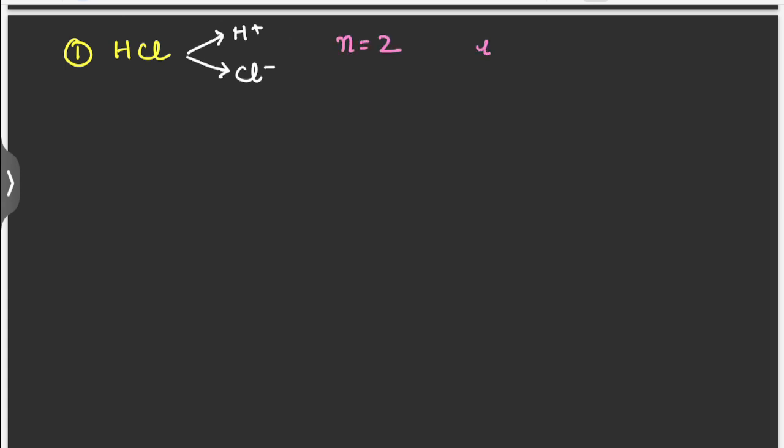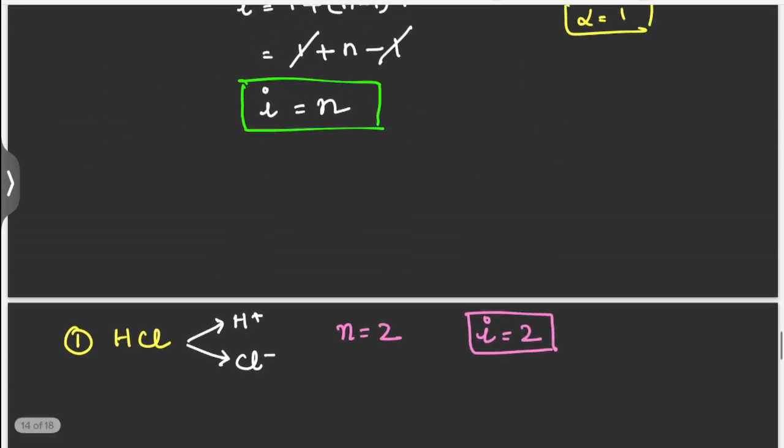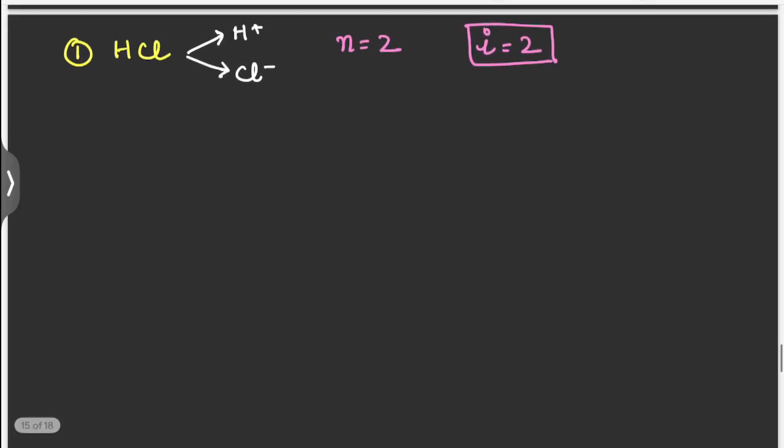Then what is the i value? The i value also will be equal to 2. Correct? Why? Because here we have written i is equal to n. Therefore, if n is equal to 2, then i value also will be equal to 2. So, Van't Hoff factor for HCl is 2. Is that clear? We'll take one more example.